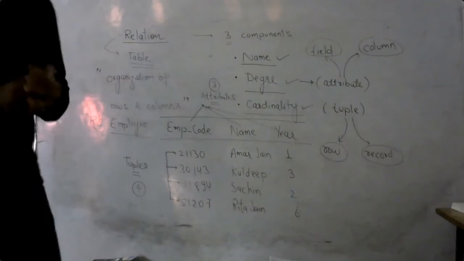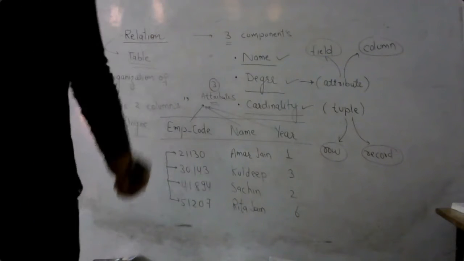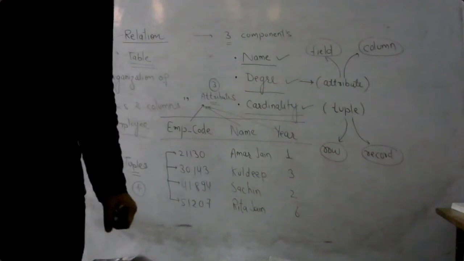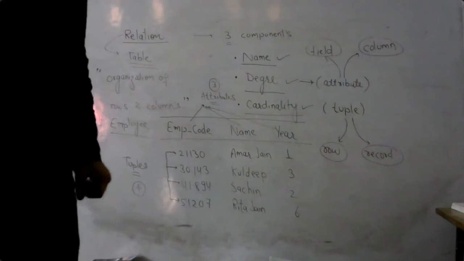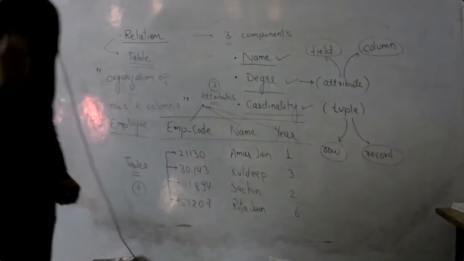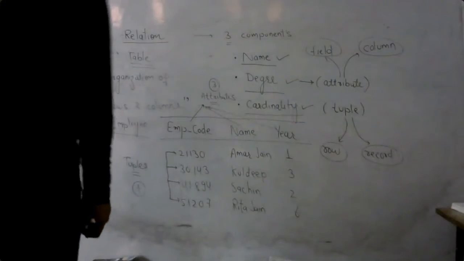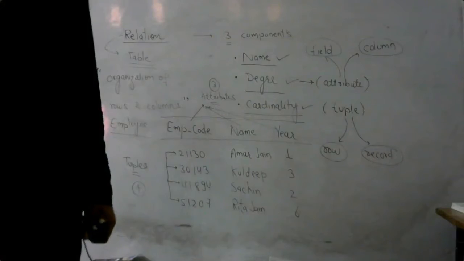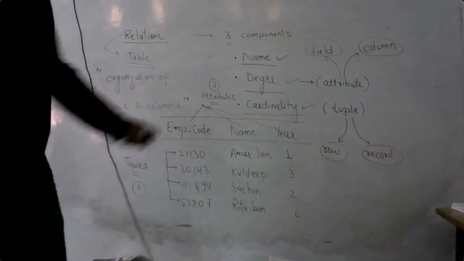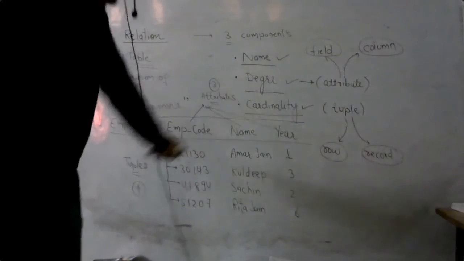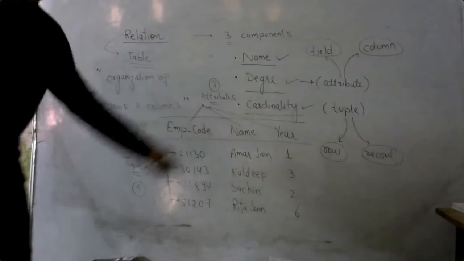The degree of a relation means how many attributes, how many columns, how many fields that relation consists of. If we talk about the degree of a table, that means how many attributes that relation consists of. So here we have 1, 2, 3, 3 attributes. So the degree of this table employee is 3.